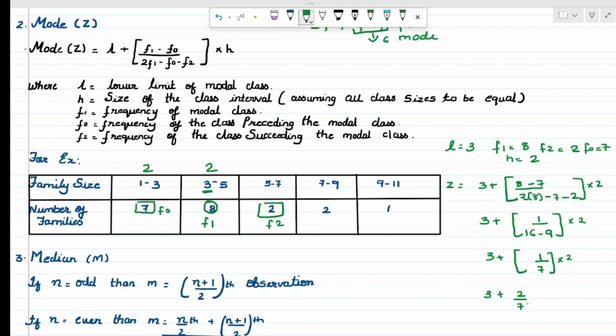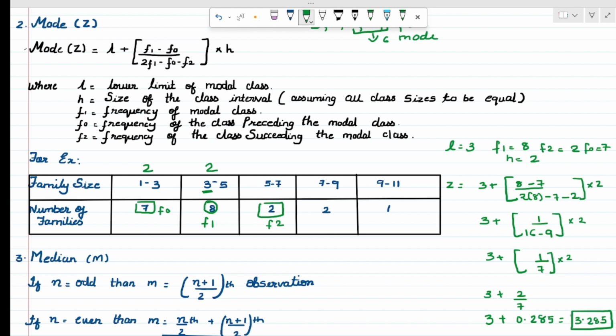You will get 0.285. So our final answer will be 3.285. This becomes our mode of the given example.